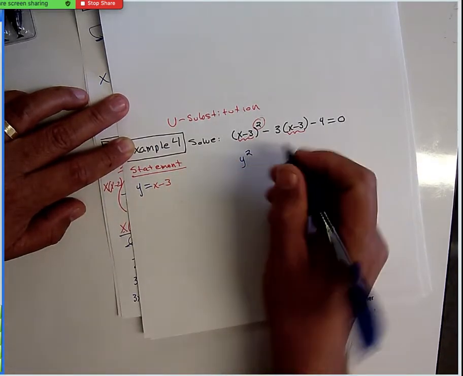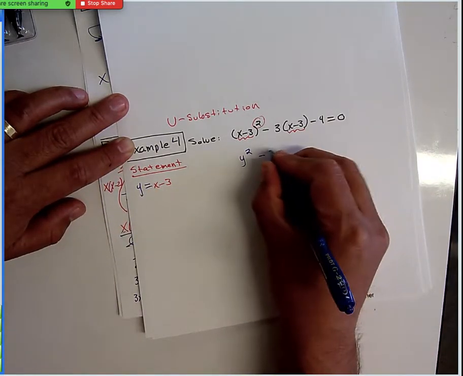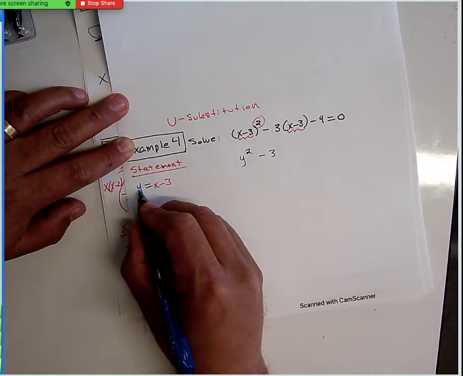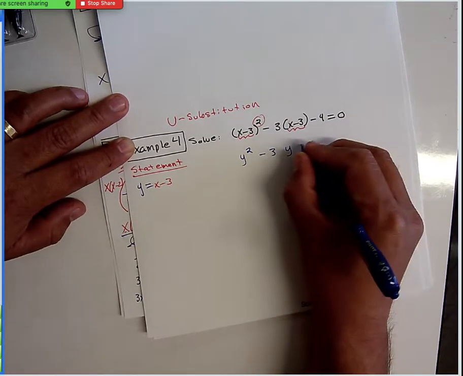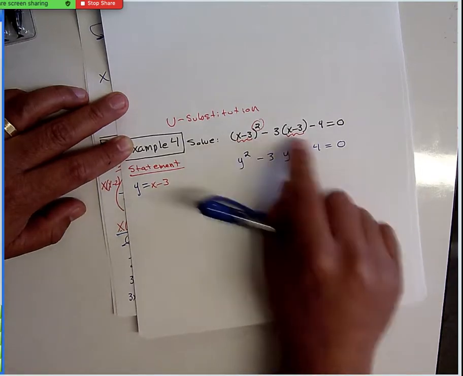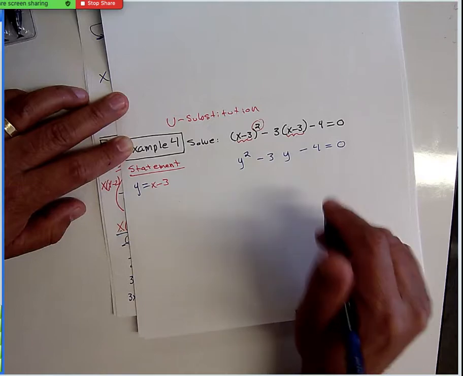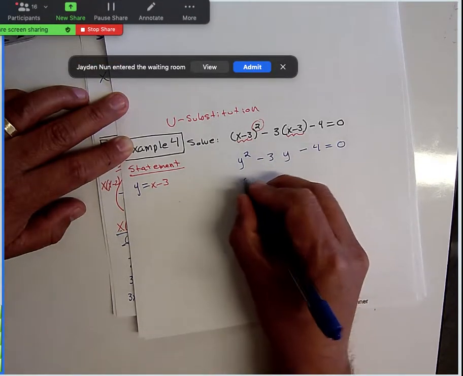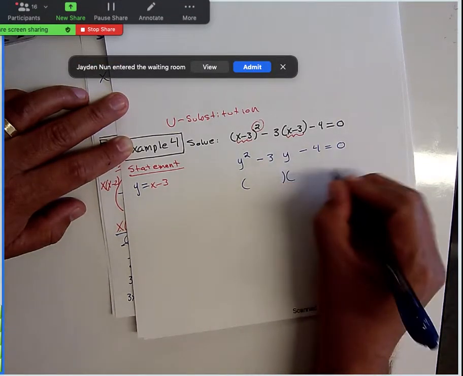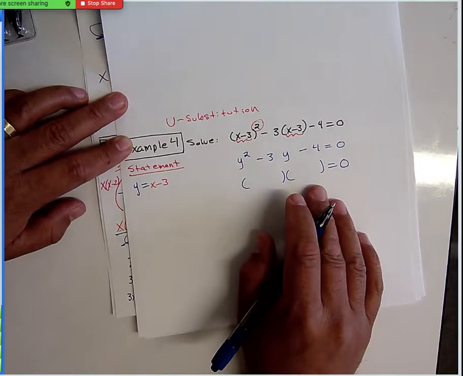Instead of having all of this, I'm going to have y instead because I made the statement. Y squared, I can always come back and resubstitute. Instead of this again, I'm putting y. Minus 4 equals 0. So if you guys notice, now it looks really easy. From here, remember, all you have to do is factor if you can, which I think you can.